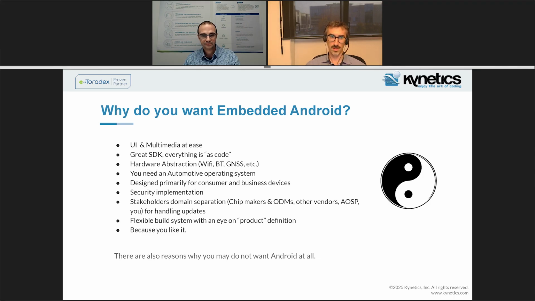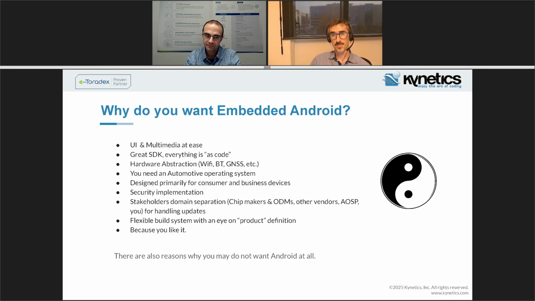So everything is provided as code in a single SDK. There's good hardware support. There's an option for automotive devices. So if you're developing an infotainment system, you can start from the same Android code base and build the automotive flavor.